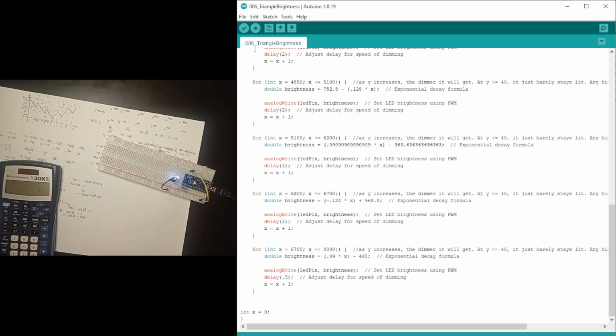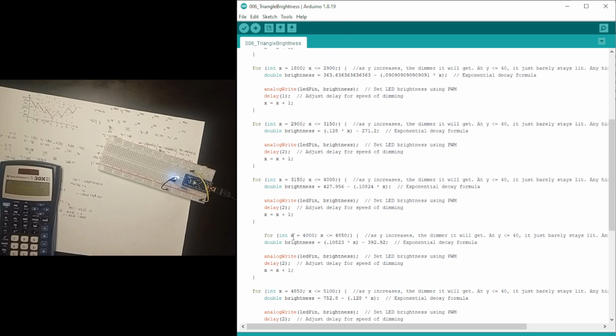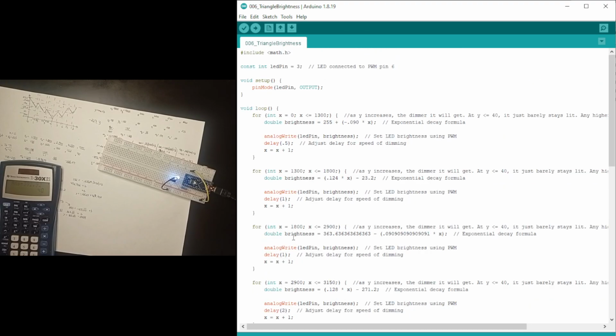Still that weird flash there. There. And then a second one. 0.5. Well, delay.